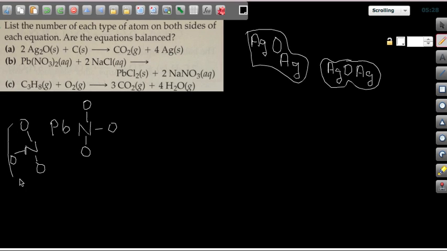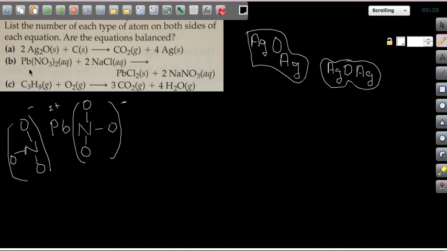This whole polyatomic anion is nitrate, negatively charged. The lead would be positively charged, and they're all stuck together and neutralized. So you can see 1, 2, 3, 4, 5, 6 oxygen, 2 nitrogen, and only 1 lead. This is how we write it.